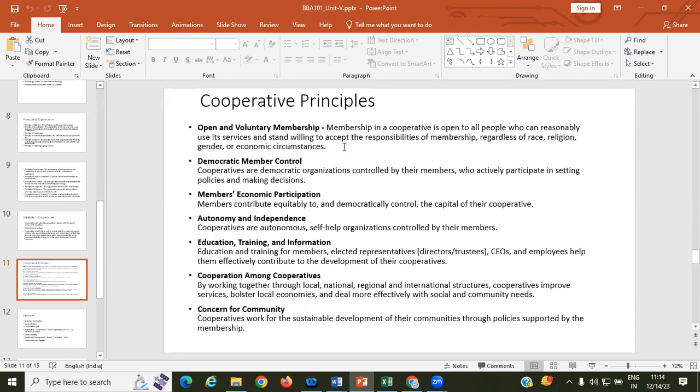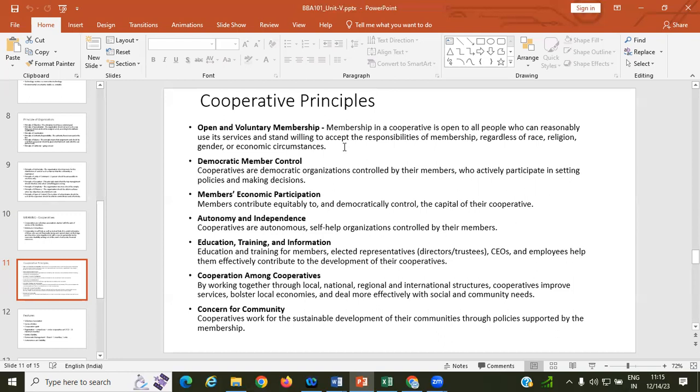Membership is open to all people who can reasonably use its service and are willing to accept the responsibility of membership, regardless of race, religion, gender, or economic status. There is no discrimination. So anyone can join and there is no compulsion. It is voluntary and open to everyone.